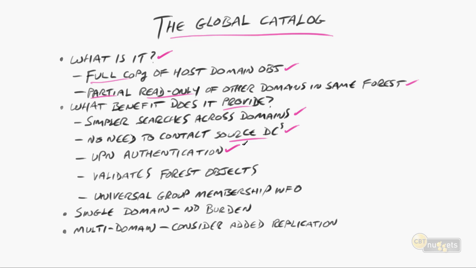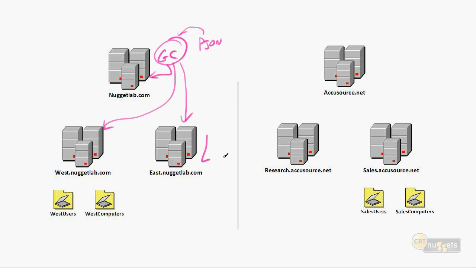Also, we have user principal name authentication. We might have access to resources down here. Let me put Frankenstein's boot back in here. And I might have been granted access to a resource down here. These domain controllers down here are probably also going to have one or more global catalogs. Usually I'll have many of them. And then what will happen here is if I'm a user from up here at nuggetlab.com, let's just say J. Jones.